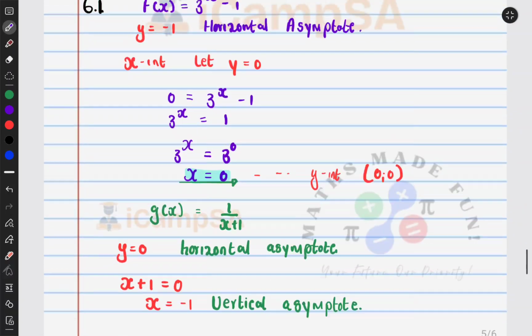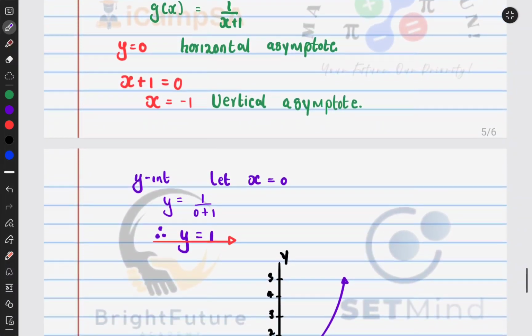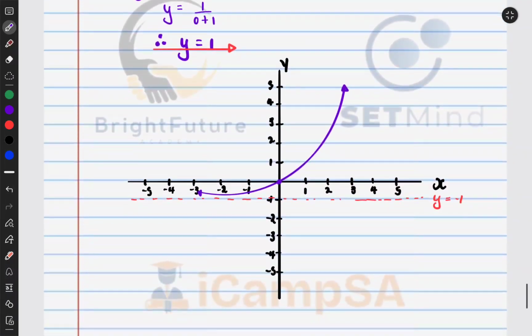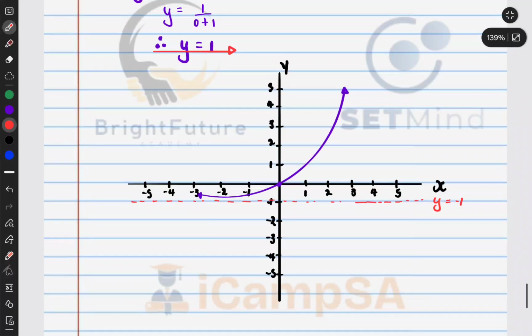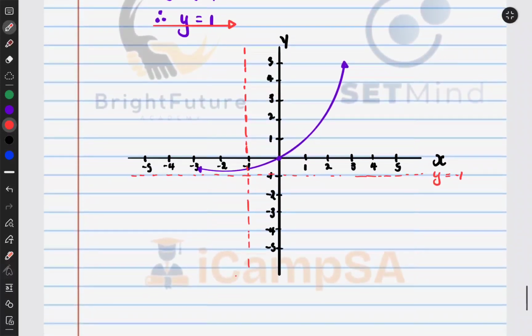And then next, let's sketch the hyperbolic function. What do we have? We have a vertical asymptote at x is equal to -1. Now we take a ruler at -1. That is where we have the vertical asymptote, x is equal to -1 for the hyperbola.